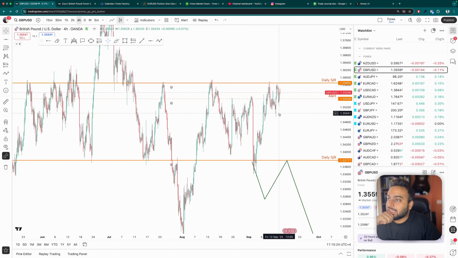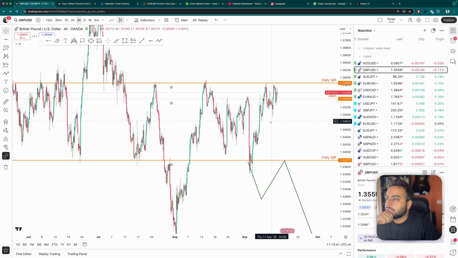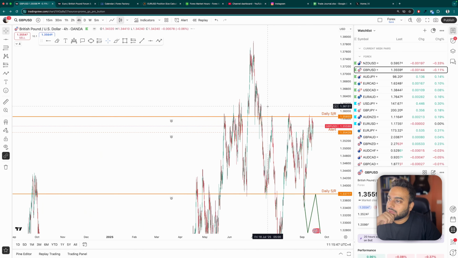There is a chance of a breakout. But I see a lot of consolidation here. Price is not rejecting the same way it has rejected here on the first touch, and then here, and then here. So if the price breaks out, the thing is we want to enter.